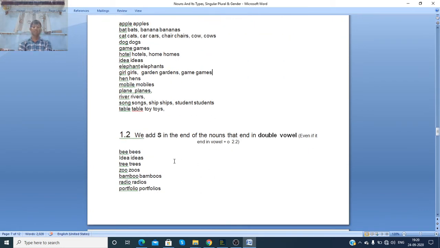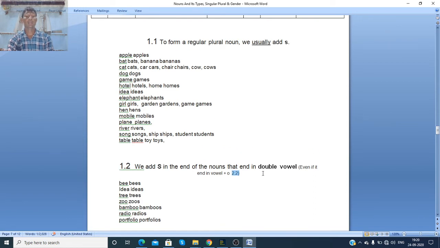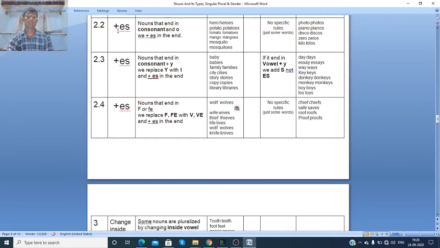And we add s at the end of words that end in a double vowel, as I already mentioned, or a vowel plus o. And rule 2.2 says that if a noun ends in a consonant plus o, we add es, not s.